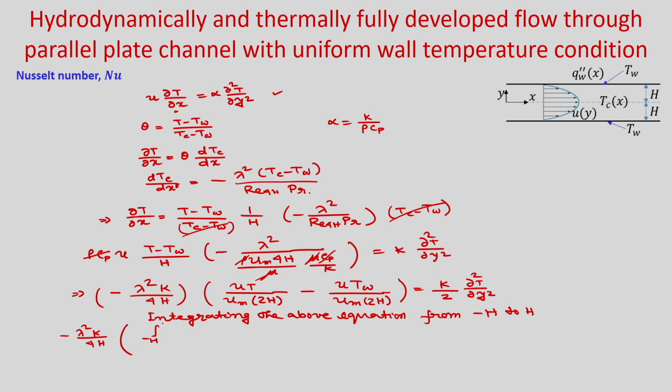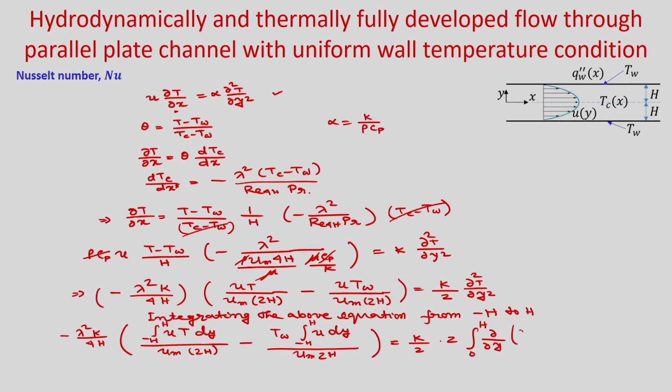So, minus h to h ut dy divided by um into 2h, minus Tw is constant. So, you can write minus h to h u dy divided by um into 2h, is equal to k by 2, and if you now take minus h to h, that you can write 2, 0 to h, del of del y del t by del y dy.